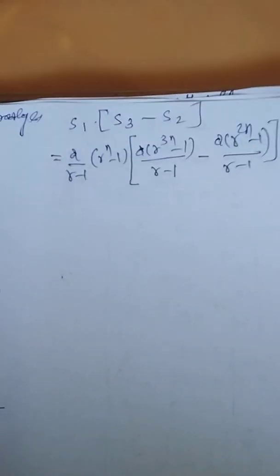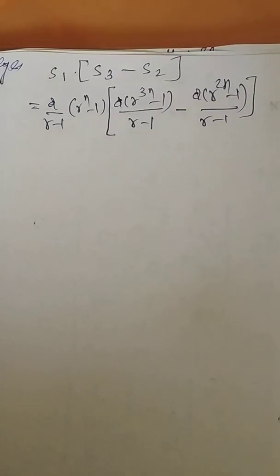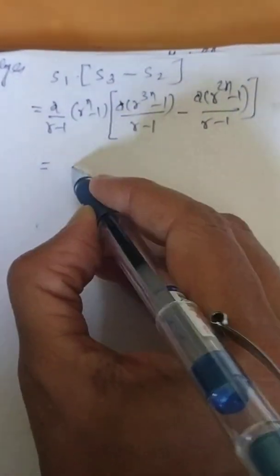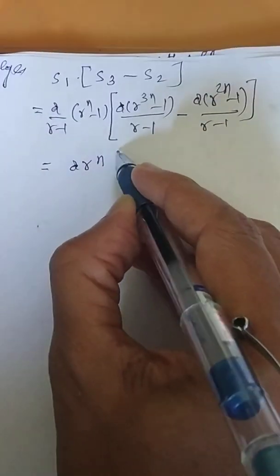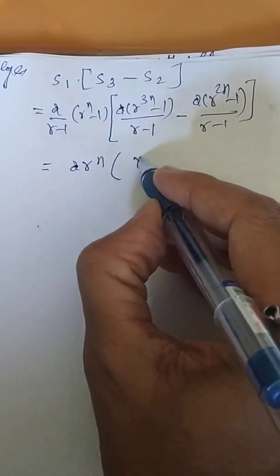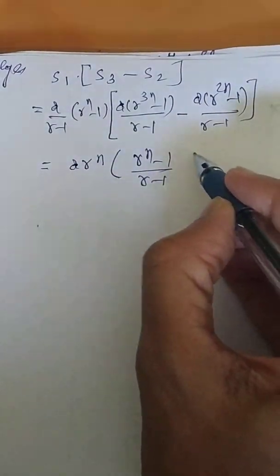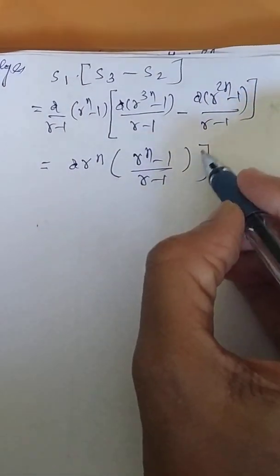Close this bracket and go on simplifying. Writing the simplest form, you can check it is a into r raised to power n, into r raised to power n minus 1 upon r minus 1, the whole square.